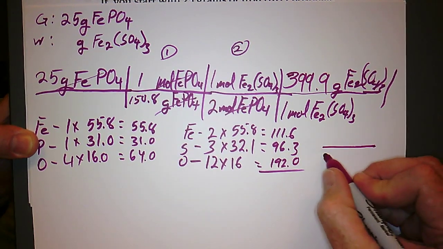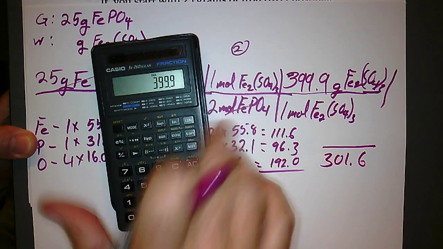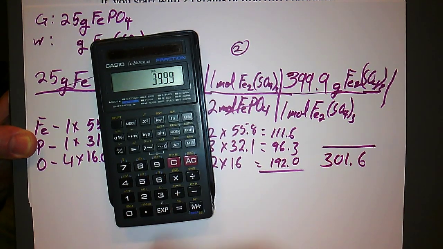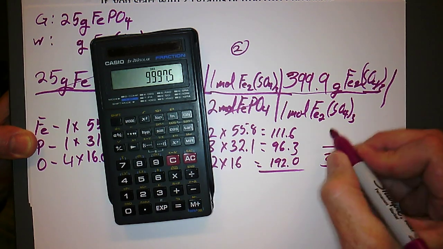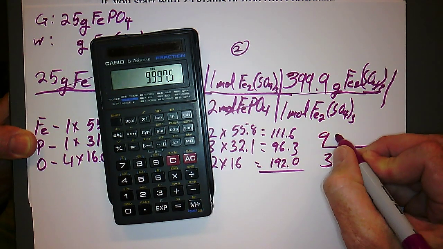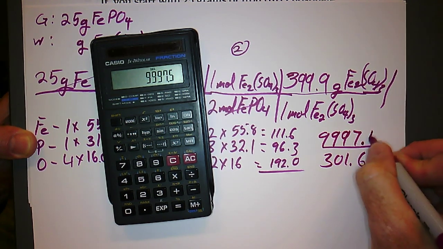150.8 times 2 will be 301.6. And then 25 times 399.9. That would have been easier to round it. You get 9,997.5.